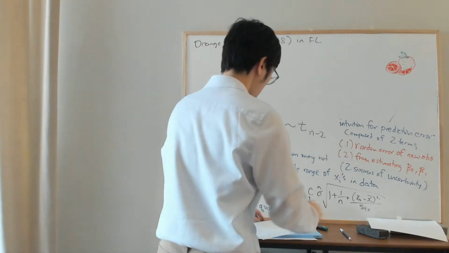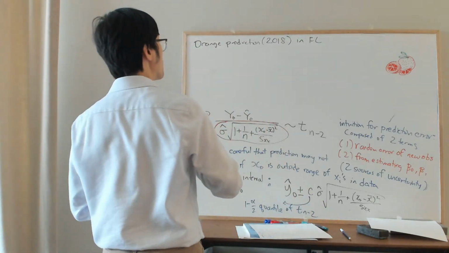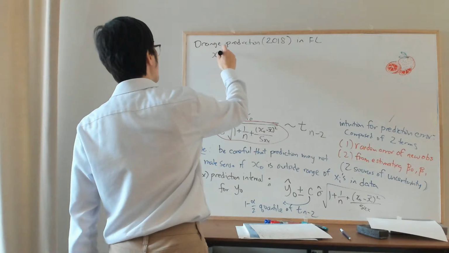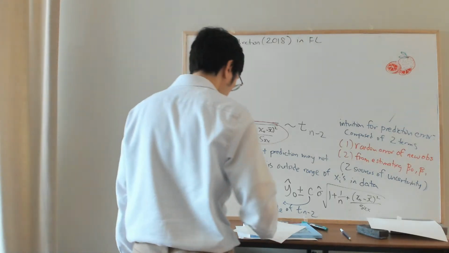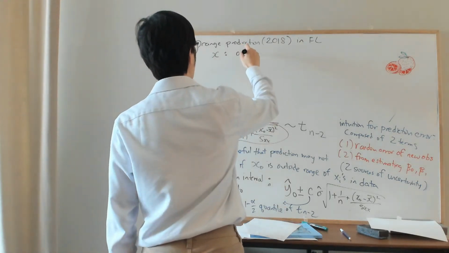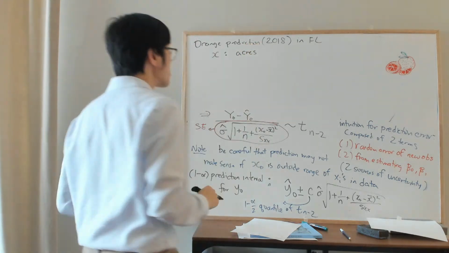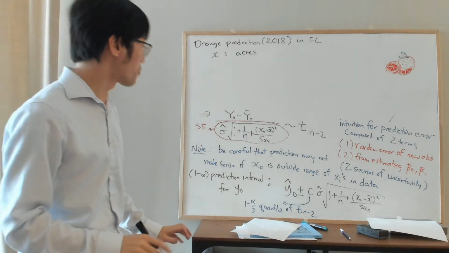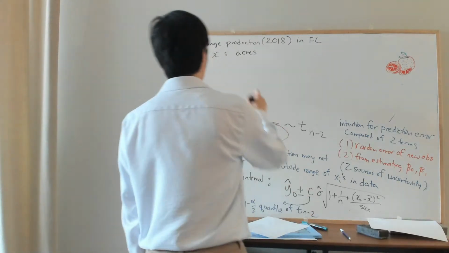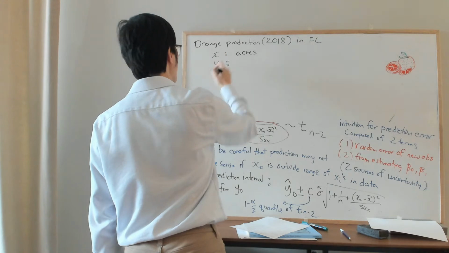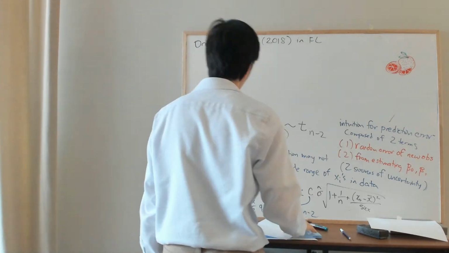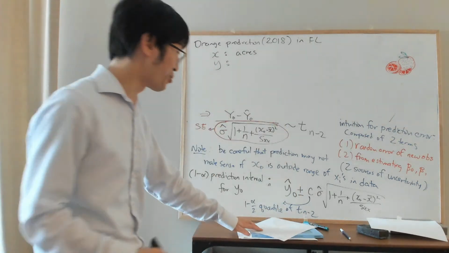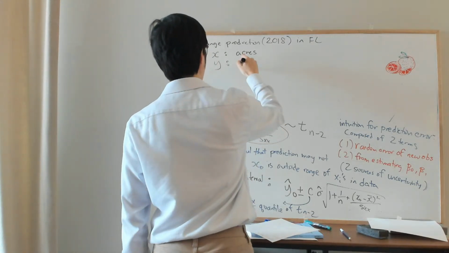Okay, so I'm going to have two variables here. My x is the number of acres used for growing oranges, and then the response y is measured in terms of the number of boxes of oranges produced.